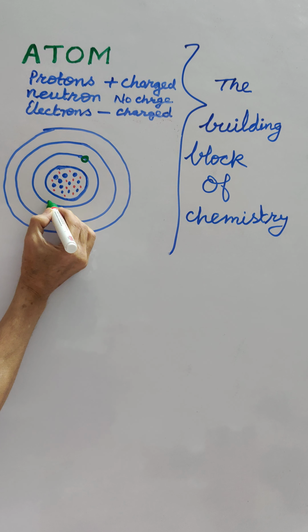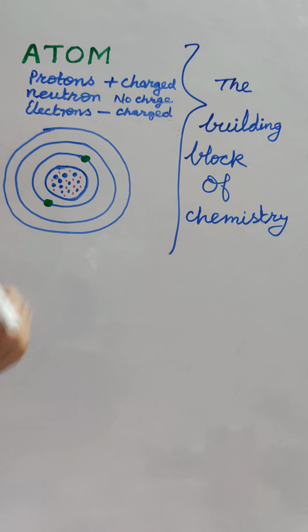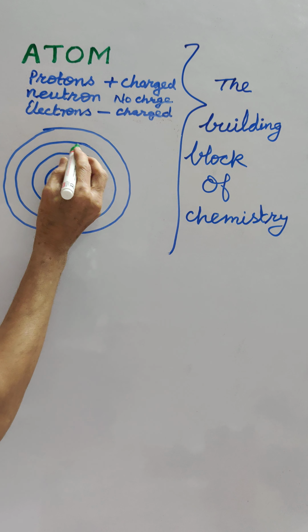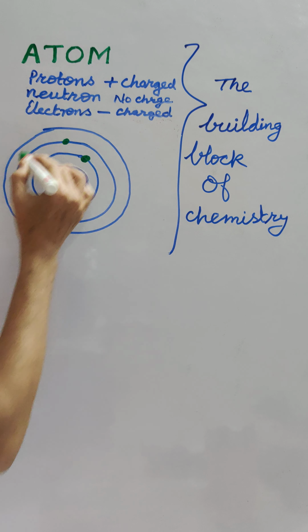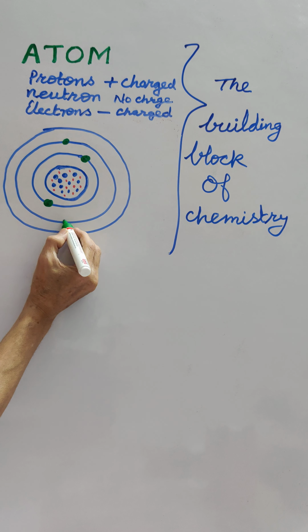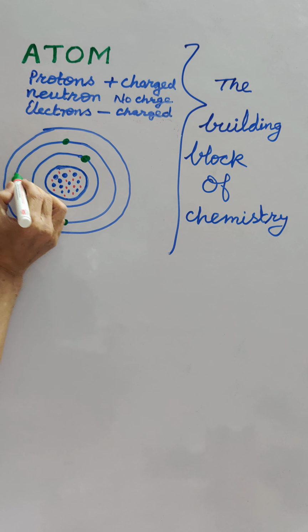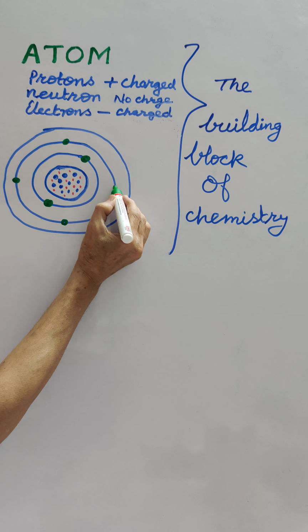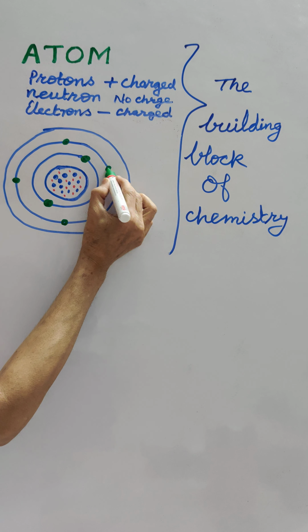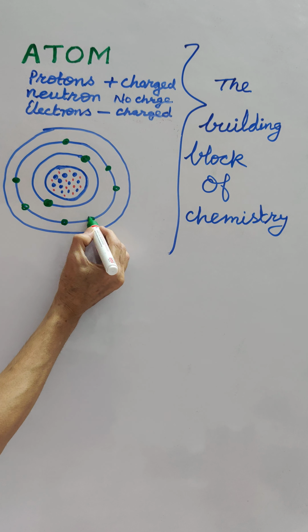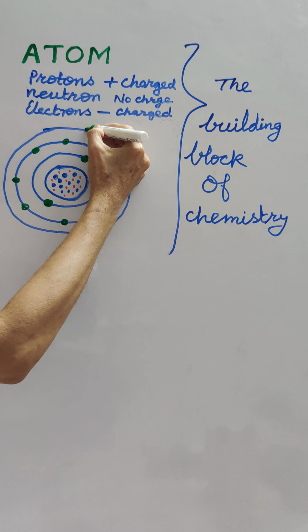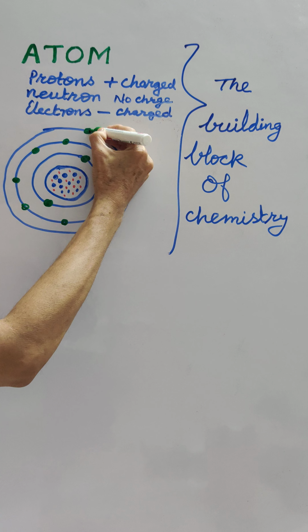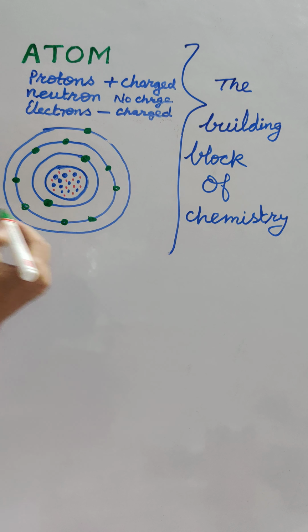First orbit can bear only 2 electrons and second orbit can bear 8 and third orbit according to the rule of 2n squared. 8 plus 2, 10 and 1 is in the M shell.